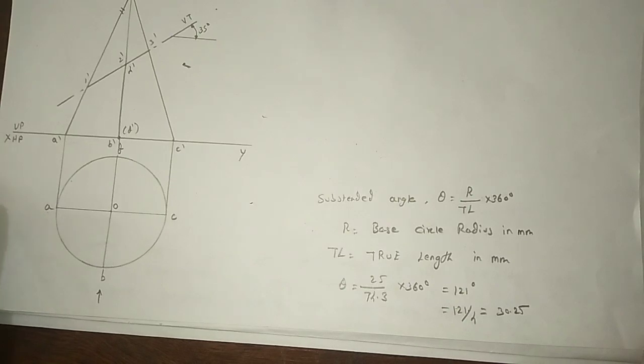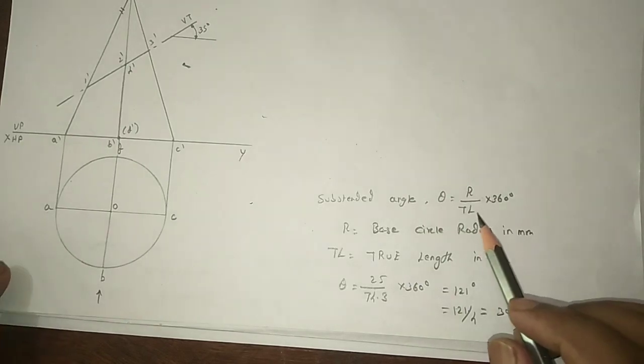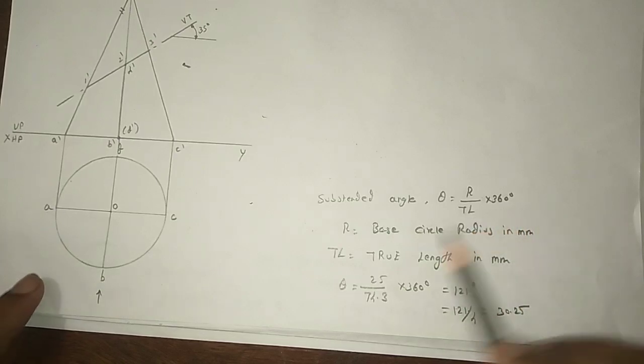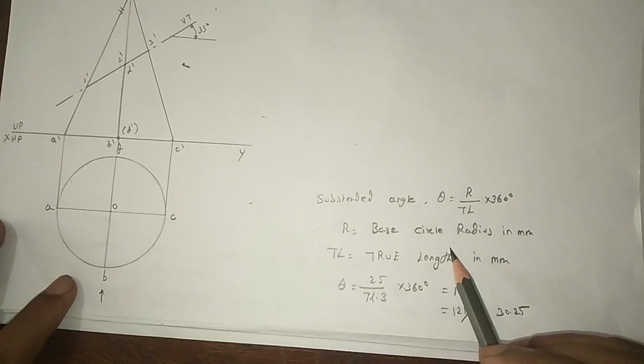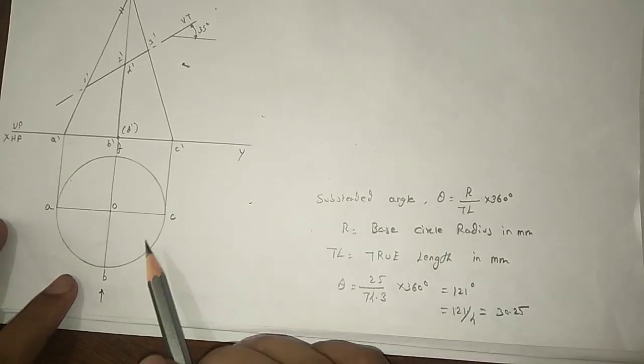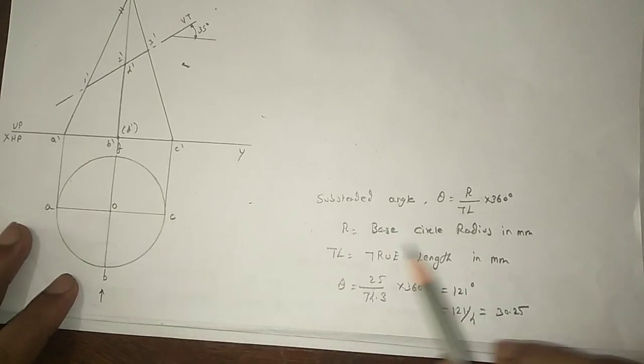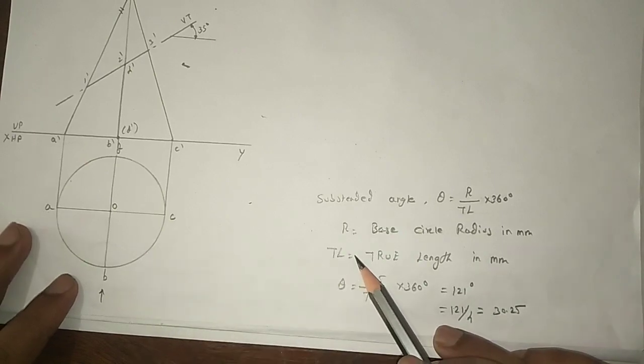Developing the lateral surface of a cone, truncated cone, it is required to find out the subtended angle. The formula for subtended angle is theta is equal to R by TL into 360 degree, where TL means true length and R is the base circle radius in mm. So in our problem the diameter is 50 mm, so the radius is 25 mm, and TL is the true length or slanting length.